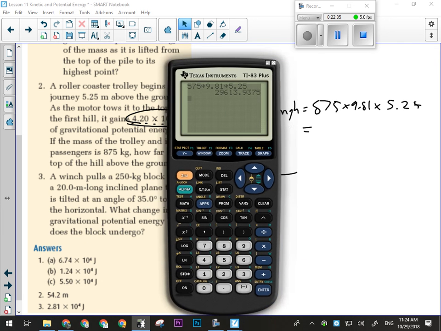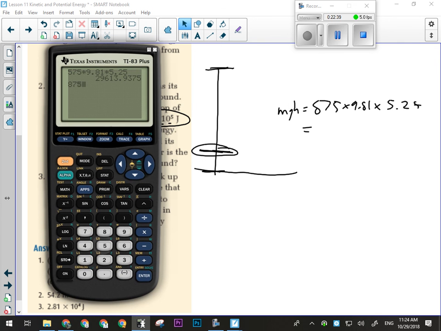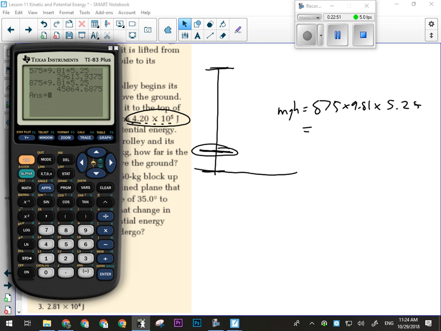Sorry, it's supposed to be 875, not 570. 875 times 9.81 times 5.25. All right, so there's the initial energy. Then I'm going to add on to that the change in energy that they gave me, which is 42,000.